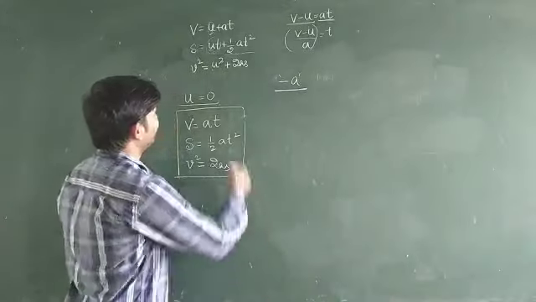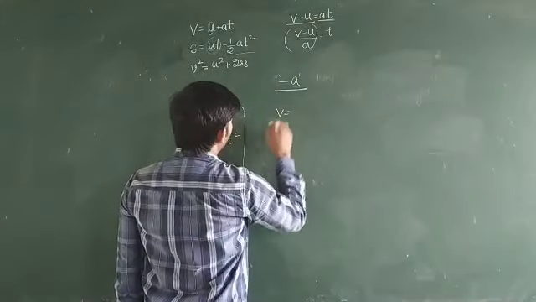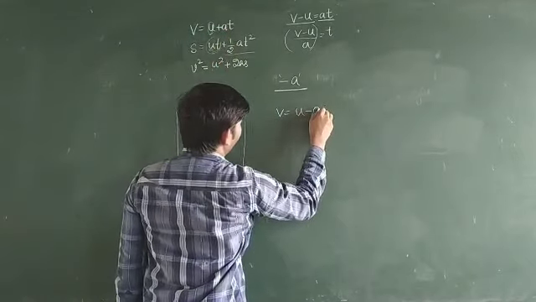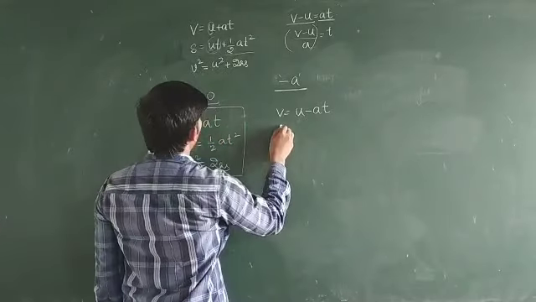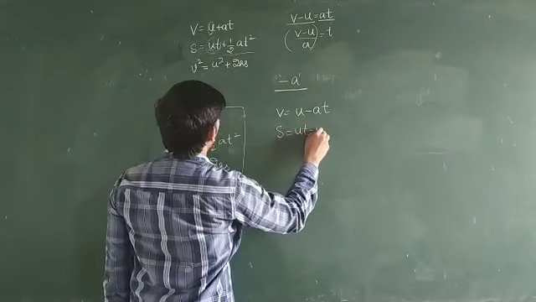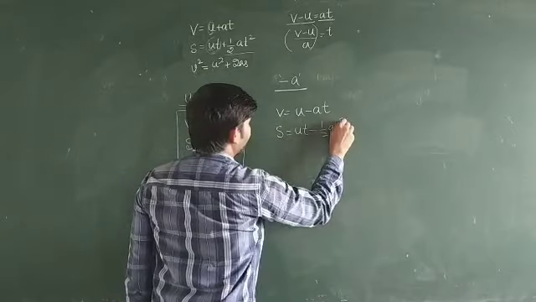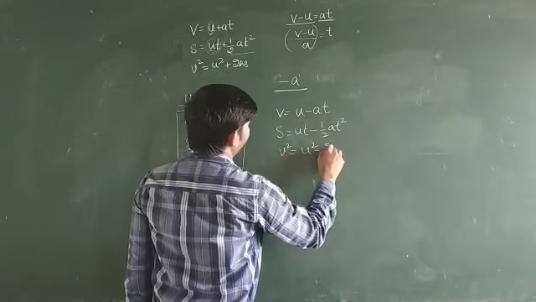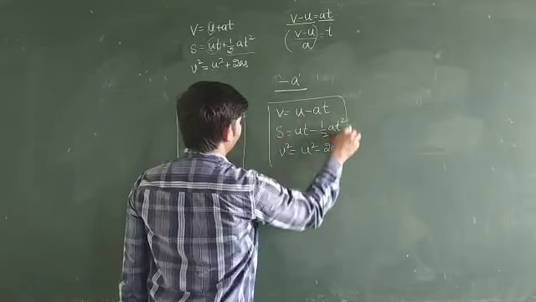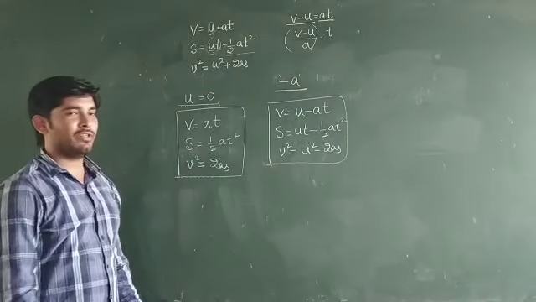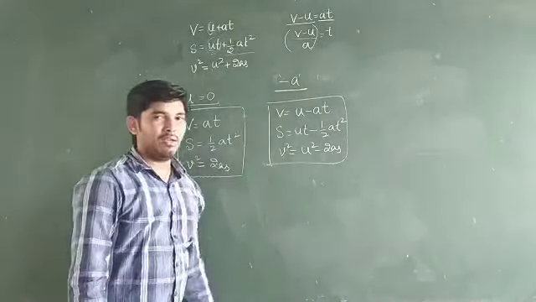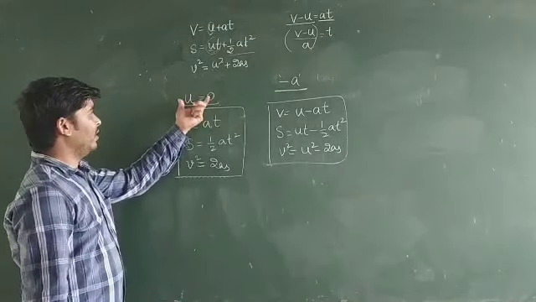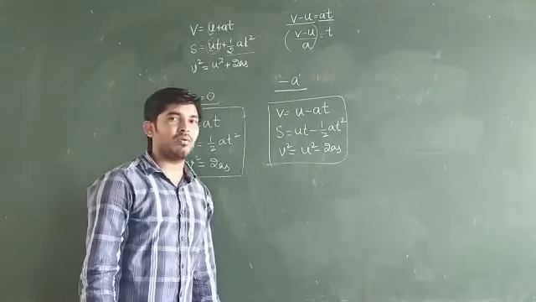So in such cases, the three equations of motion become V is equal to U minus AT, the second one S is equal to UT minus half AT square, and the third one V square is equal to U square minus 2AS. So these are the three equations of motion for a uniformly retarding body.